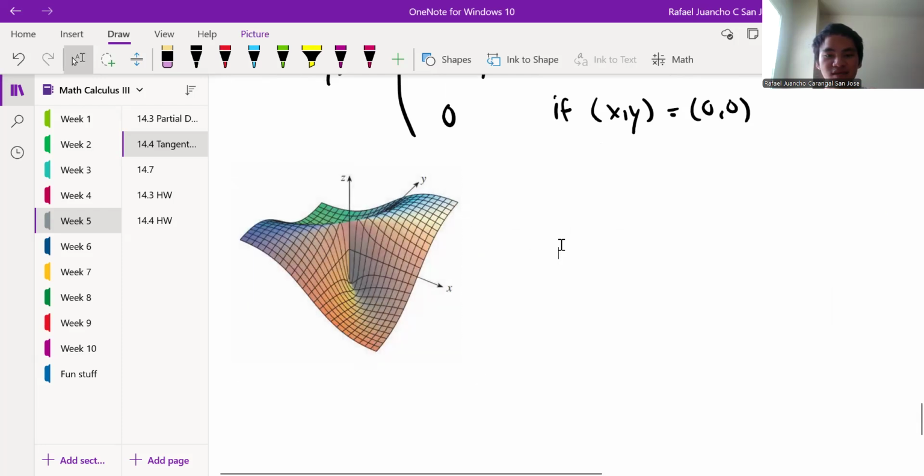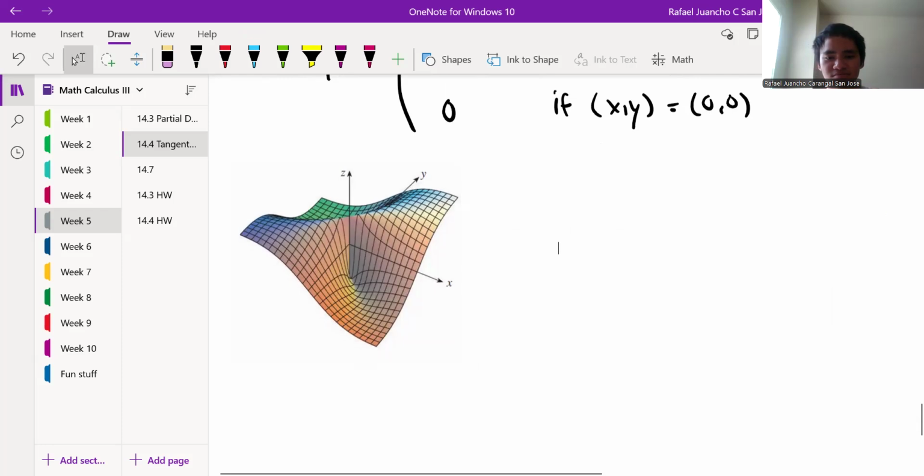And the idea is that partial derivatives exist at the origin. I can't really see it, but this is the origin. In fact, f sub x(0, 0) and f sub y(0, 0) are 0.